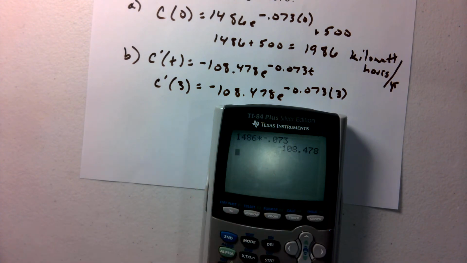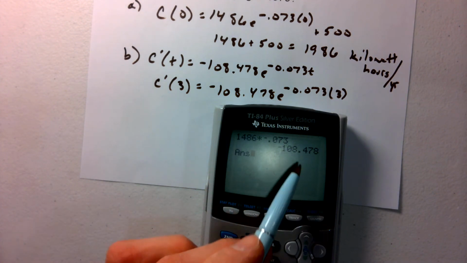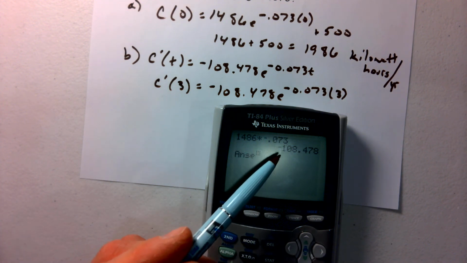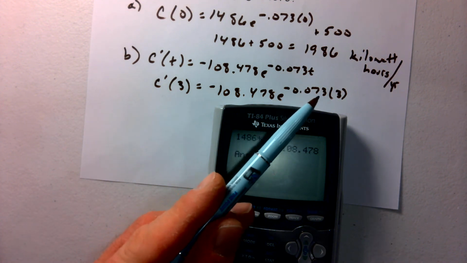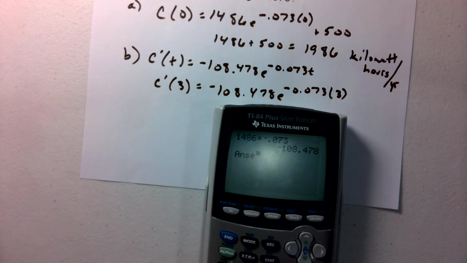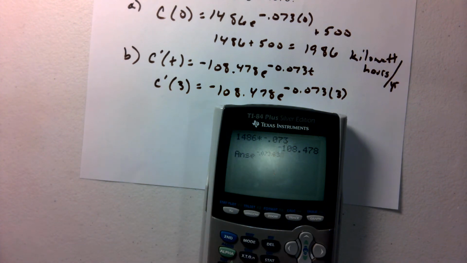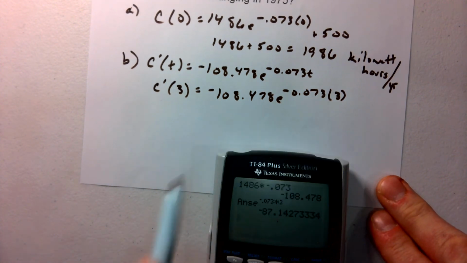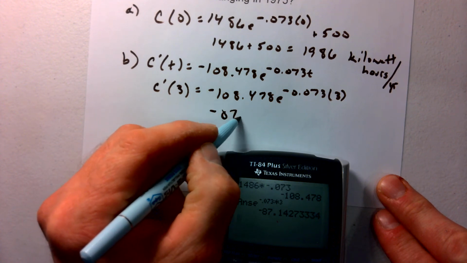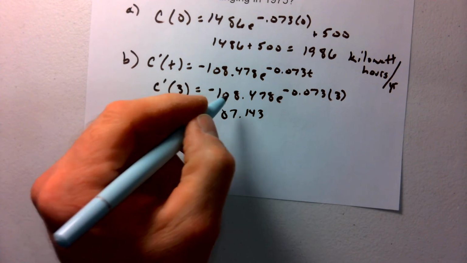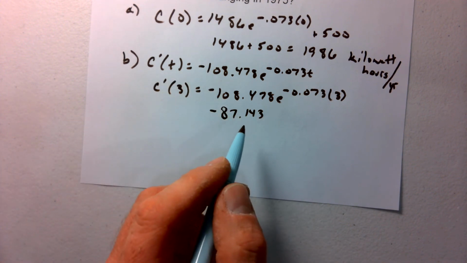So we could go ahead and recall that if you want. So our answer there times E to the negative 0.073 times 3. So I can go ahead and type all of that in there as well. So negative 0.073 times 3. And that gives me negative 87.143, if you want to go out 3 decimal places there. And what is our units?